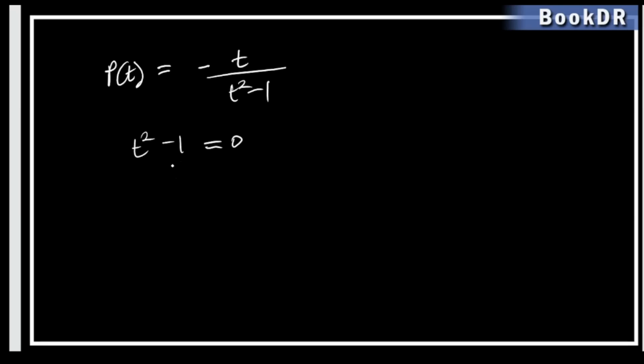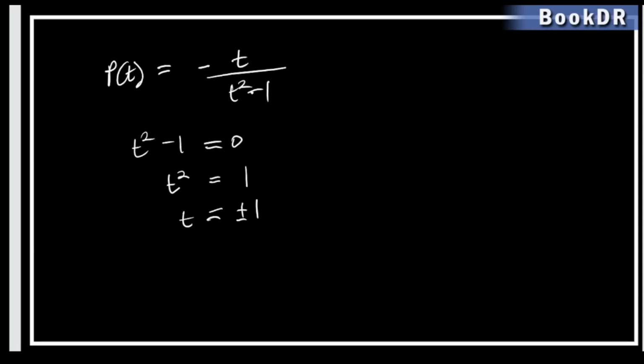So for what values of t is t squared minus 1 equals 0? We can quickly solve this. t squared will be equal to 1, and our t will be equal to minus 1 or positive 1, plus or minus 1.